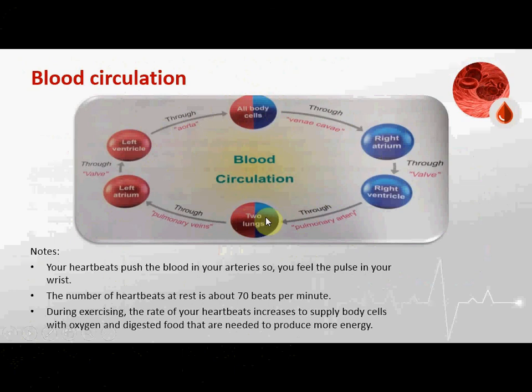And then the two lungs turn the deoxygenated blood into oxygenated blood, which reaches the left atrium through the pulmonary veins, and then the left atrium contracts to pass blood to the left ventricle and so on. This is the blood circulation.